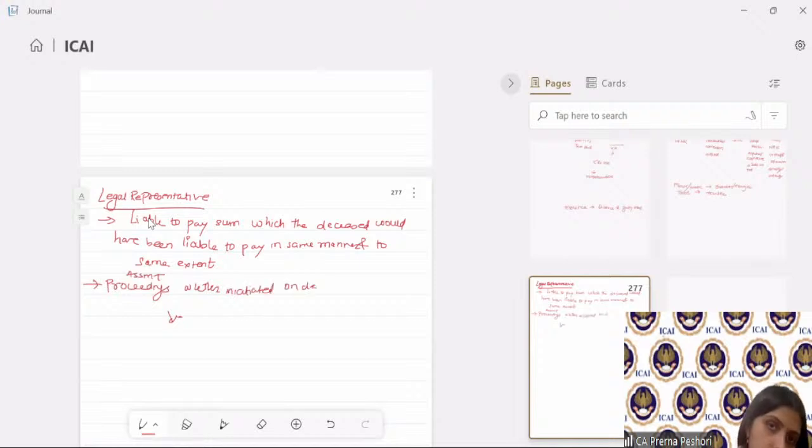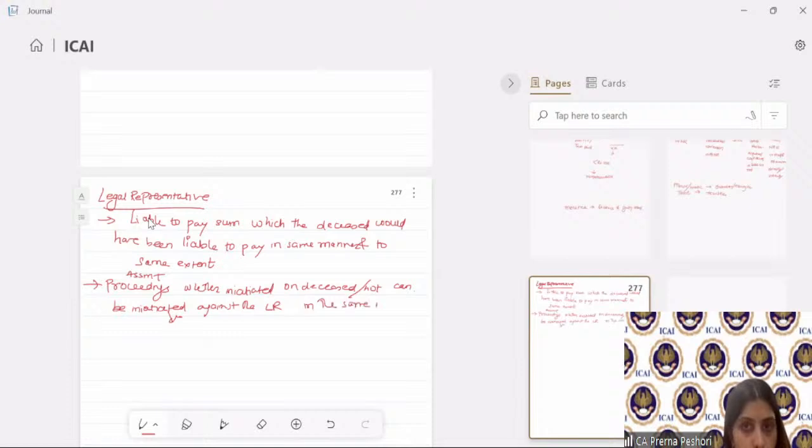on deceased or not, can be initiated against the legal representative in the same manner as they would have been initiated on deceased.